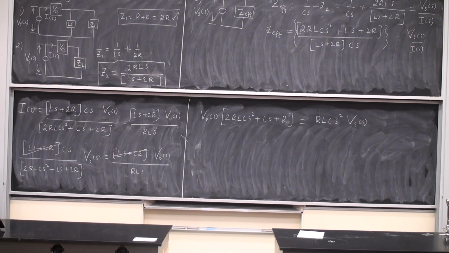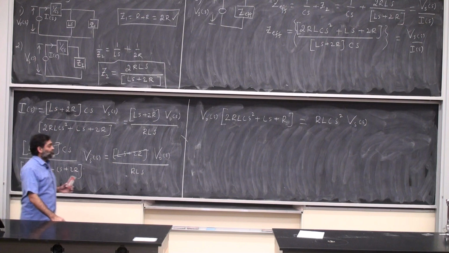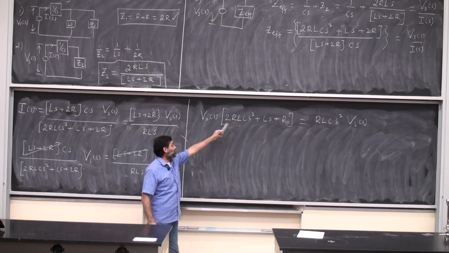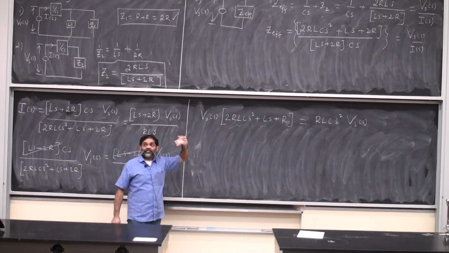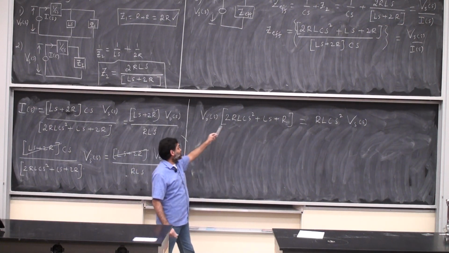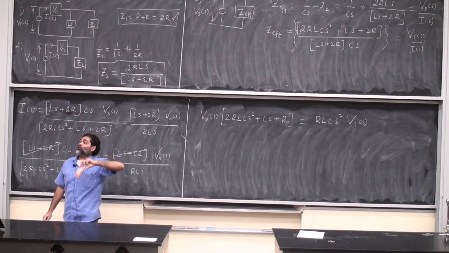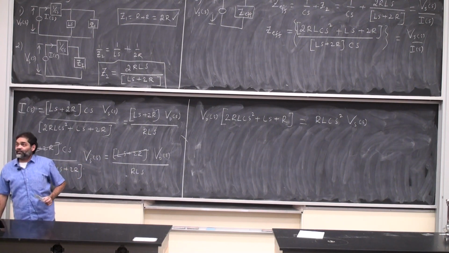Invert it. If I see an s square and I attach it with V0, that becomes a V0 double dot. If I see an s, I attach it with V0, it becomes a V0 dot, right? As I invert it back into the time domain.